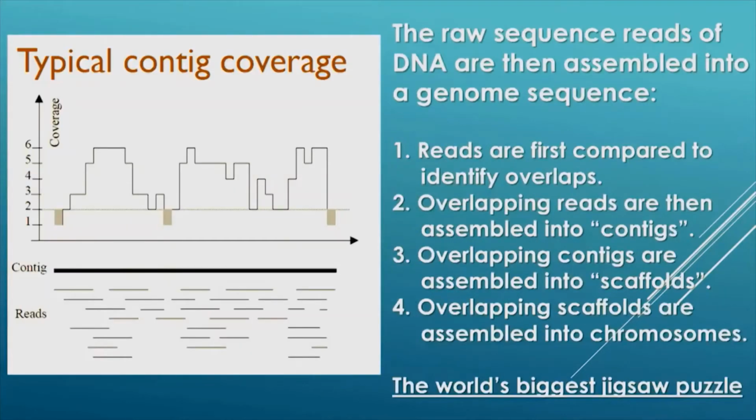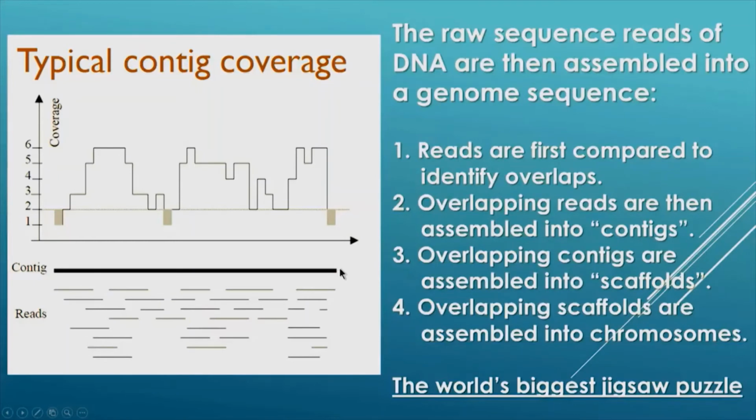The next step in deriving the genome sequence is to compare the sequence reads to identify regions that overlap among sequence reads. The overlapping reads are then assembled into contigs. It's represented by the dark line here.